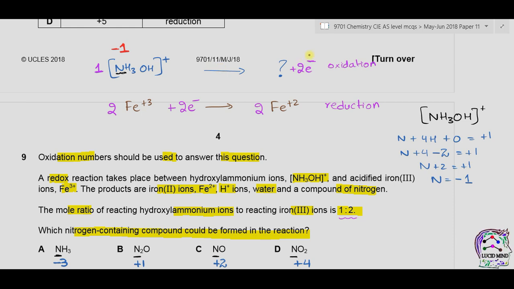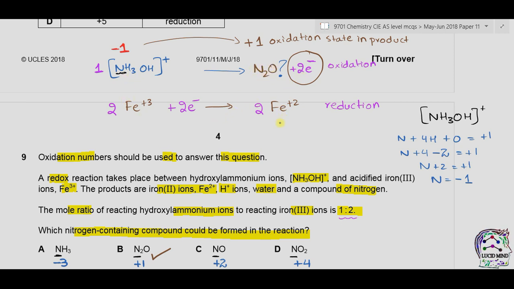As we can see, in this equation 2 electrons were lost. So when 2 electrons are lost by a nitrogen atom, it goes from negative 1 to positive 1 oxidation state. As the oxidation state is positive 1 in N2O, it must be N2O.